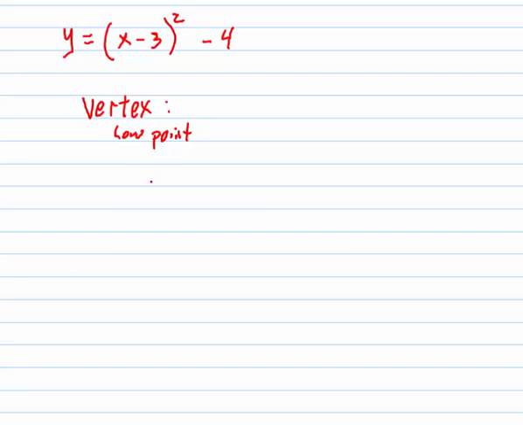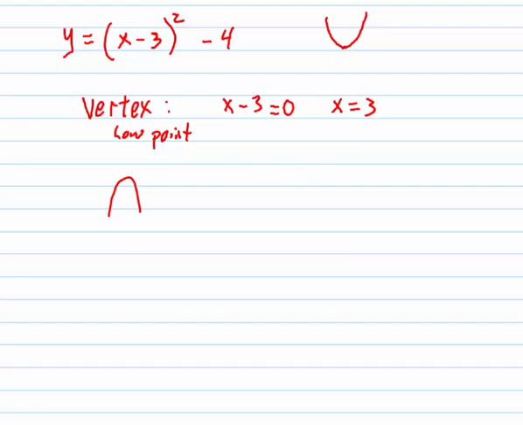It could be the high point too if the graph looks like this, but since this one's going up, it gets positive when x gets large. It's the low point. And when is it smallest? Well, when x minus 3 is equal to 0, and that happens when x is equal to 3. So when is this 0? That's the x part of the vertex.